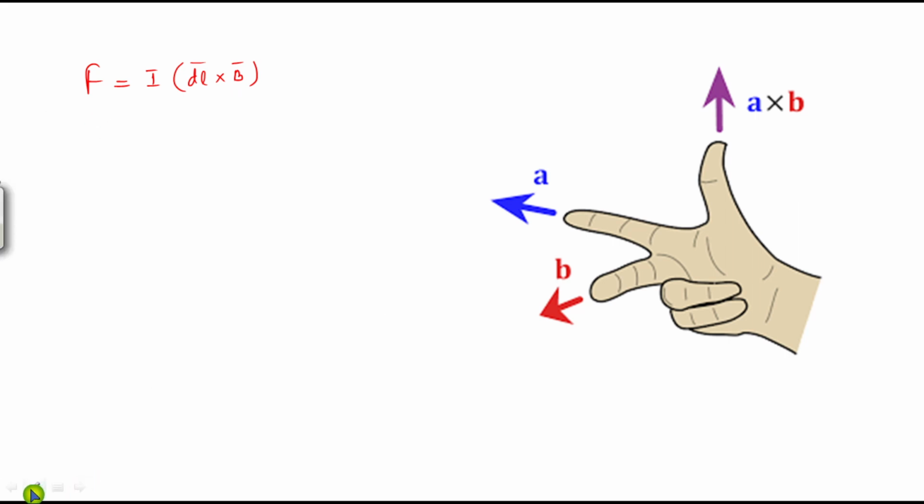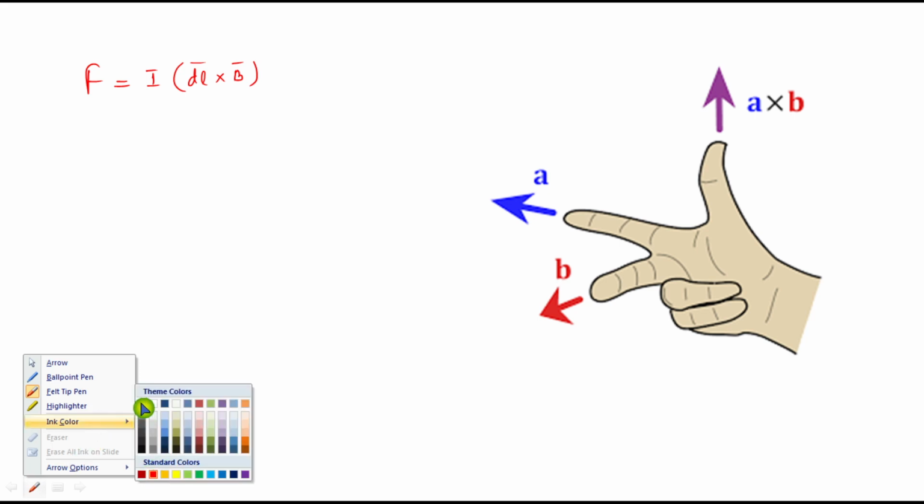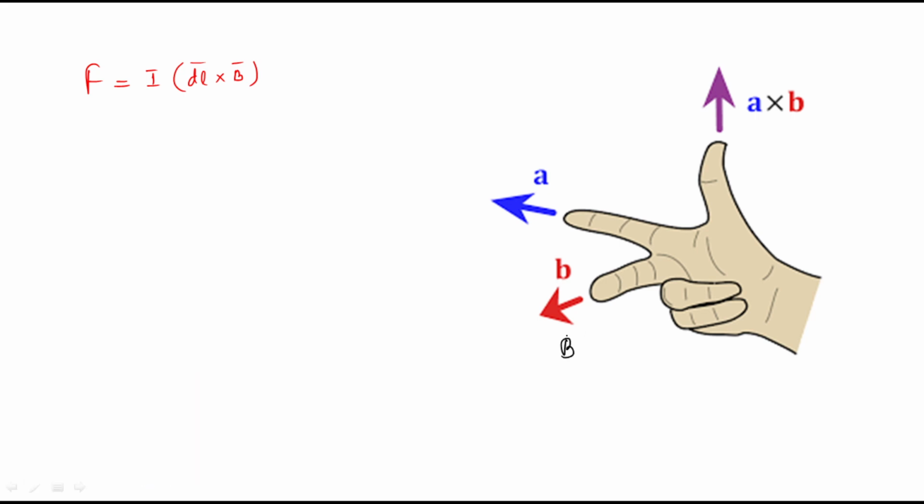So let us assume this is the magnetic flux density vector, this forefinger represents the direction of dl vector, and the thumb represents the resultant force vector. Between these two in the cross product we have theta.